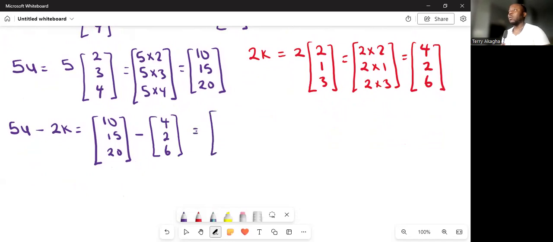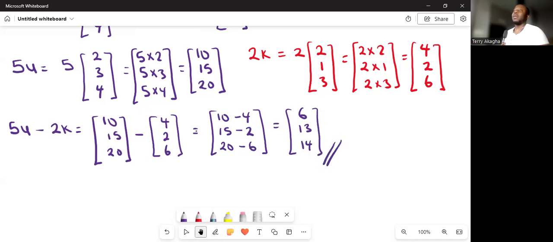Remember I said when you're subtracting, you subtract each of the respective components, right? So it's going to be 10 minus 4, 15 minus 2, and 20 minus 6. 10 minus 4 gives you 6, 15 minus 2 gives you 13, and 20 minus 6 gives you what? 14. And that will be the answer for 5u minus 2k.